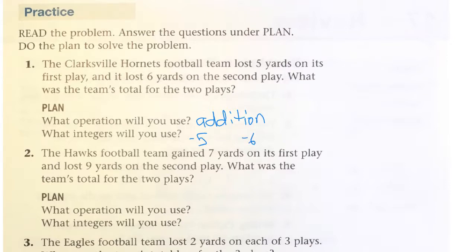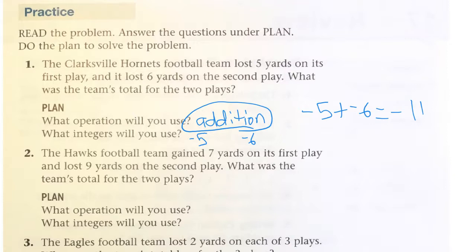Okay, so now we're going to use that addition to make negative 5 plus negative 6, and that's going to go 5 spaces to the left on the number line and then 6 more spaces to the left on the number line to give us a total of 11 spaces left of 0, and that means the number is negative 11.